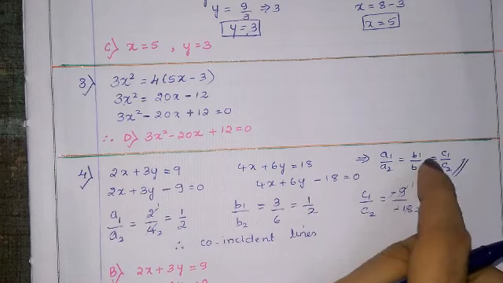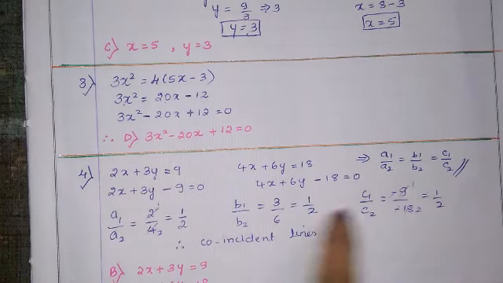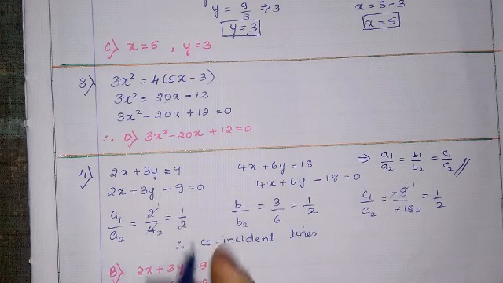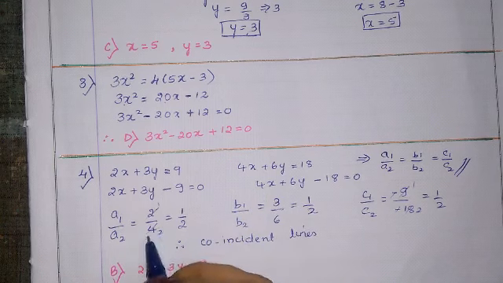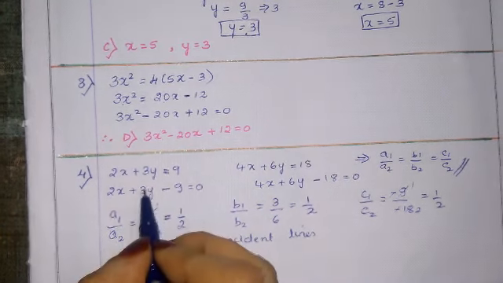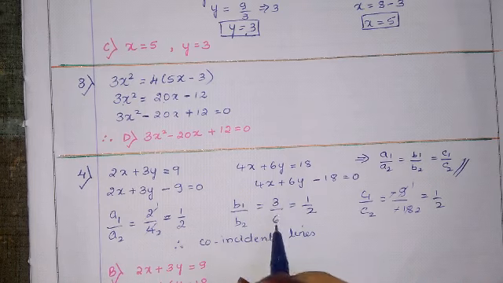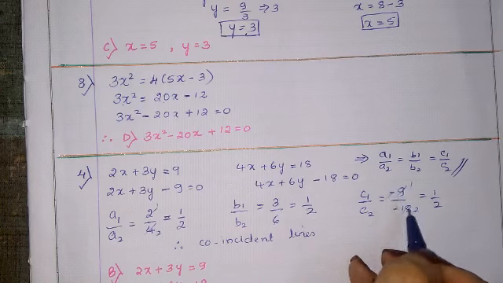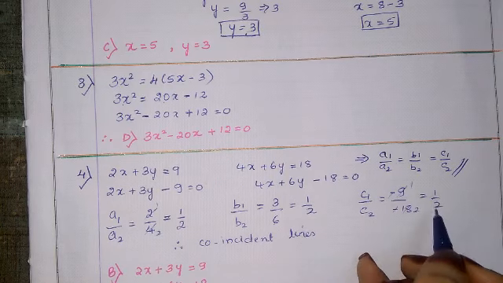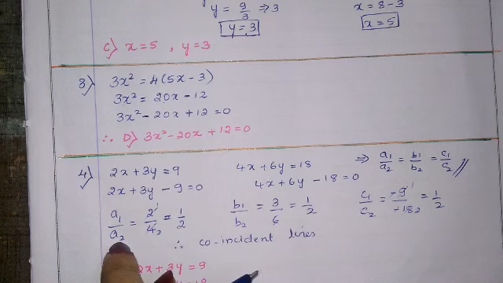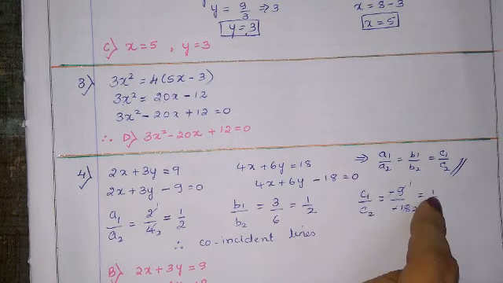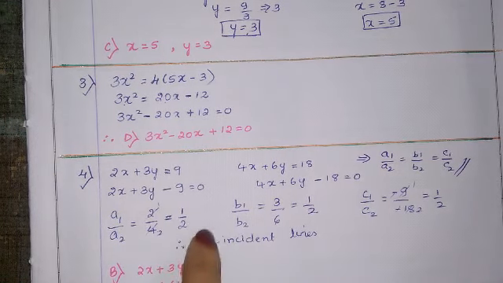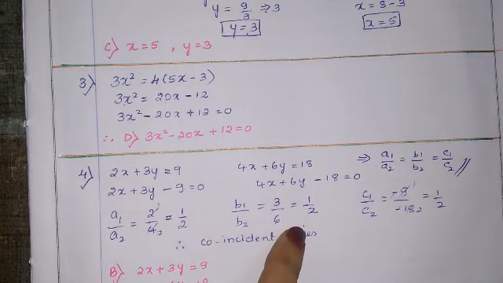This condition should be satisfied, then only can we say that the lines are coincident. Here a1 is 2, a2 is 4, 2 by 4 is nothing but 1 by 2. b1 is 3, b2 is 6, 3 ones are 3, 3 twos are 6, so 1 by 2. c1 upon c2 is minus 9 by minus 18, which is also half. So a1 upon a2 is half, b1 upon b2 is half, and c1 upon c2 is also half.